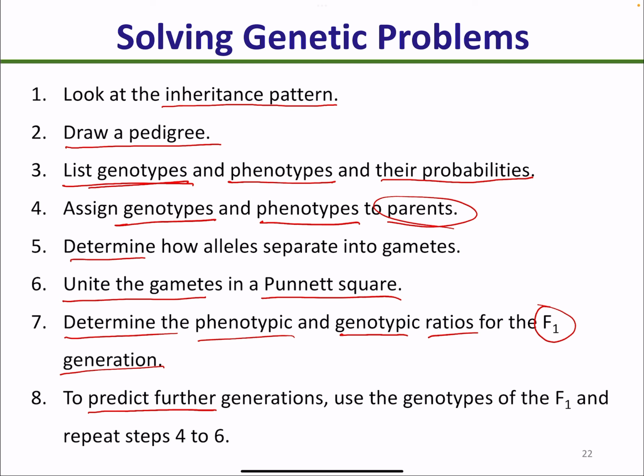More specifically, we have to assign genotypes and phenotypes for parents. Two, we have to determine how alleles are going to separate into gametes. And then we're going to unite the gametes in a Punnett square to determine what is the ratio of genotypes and the ratio of phenotypes.